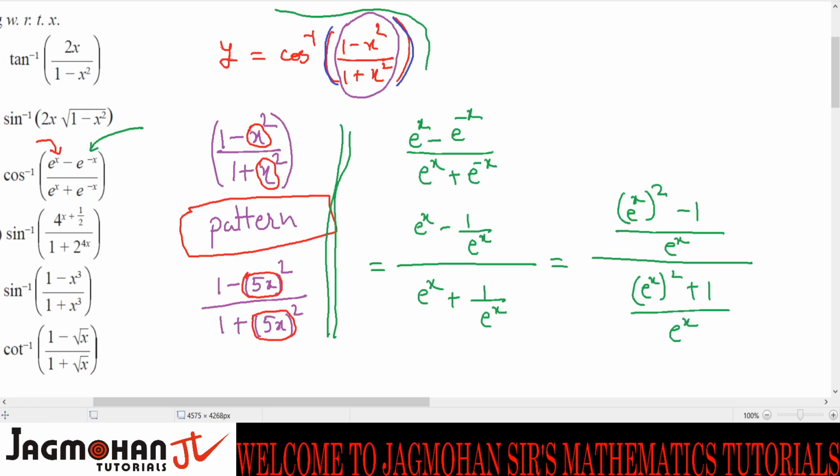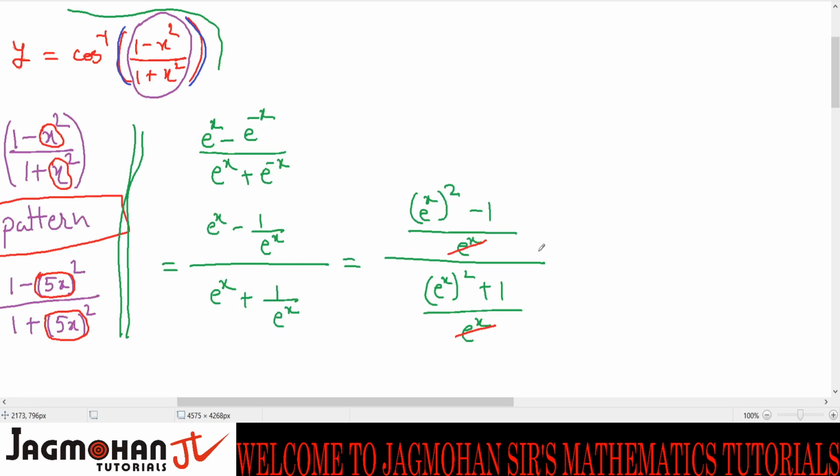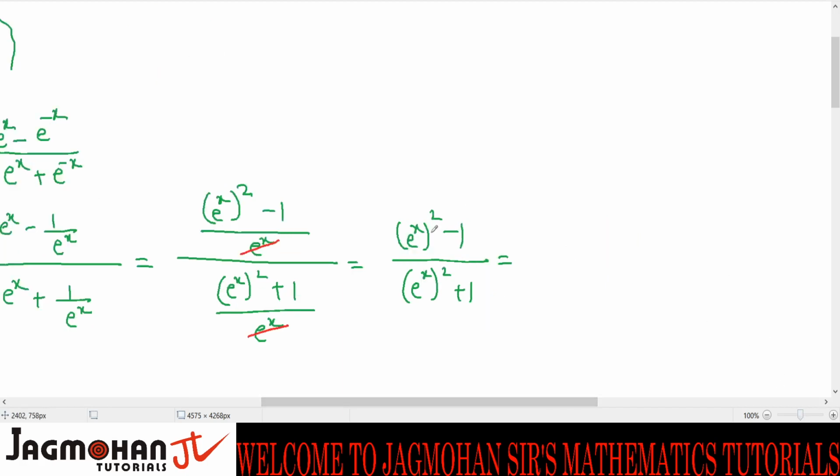This e raised to x cancels, and the next step is e raised to x the whole square minus 1 upon e raised to x the whole square plus 1. If I take the negative sign common from the numerator, it becomes negative of 1 minus e raised to x square upon 1 plus e raised to x square. See what I got? I took this minus out.